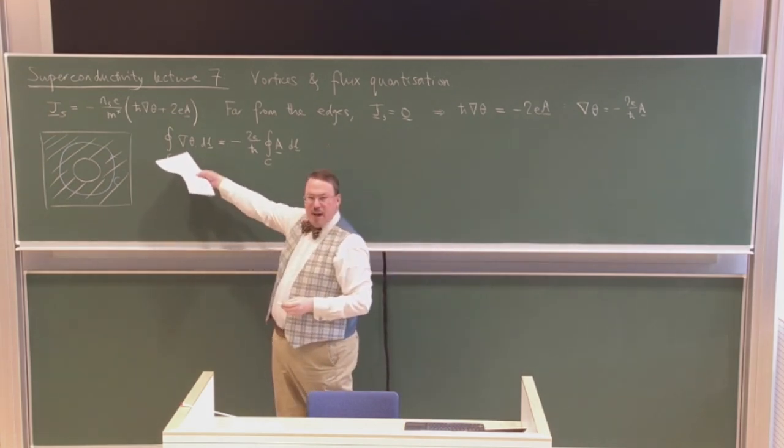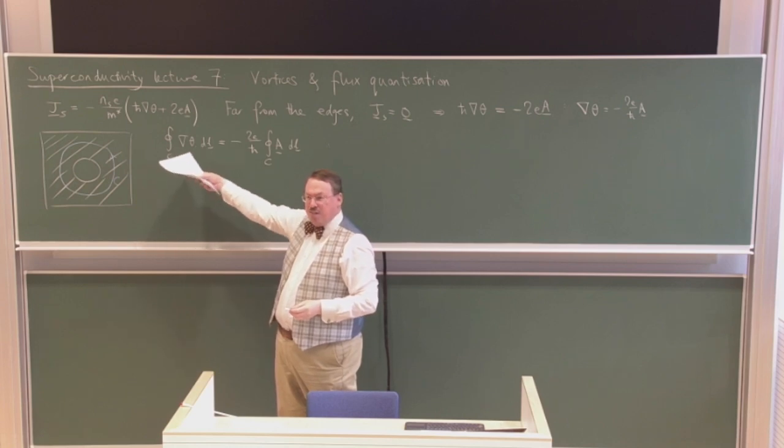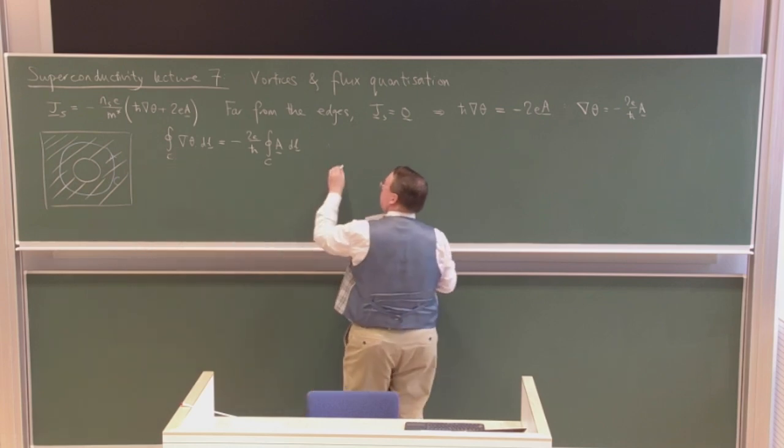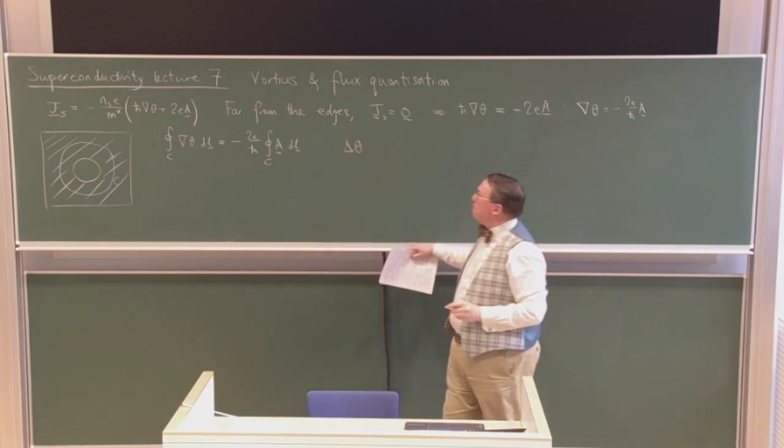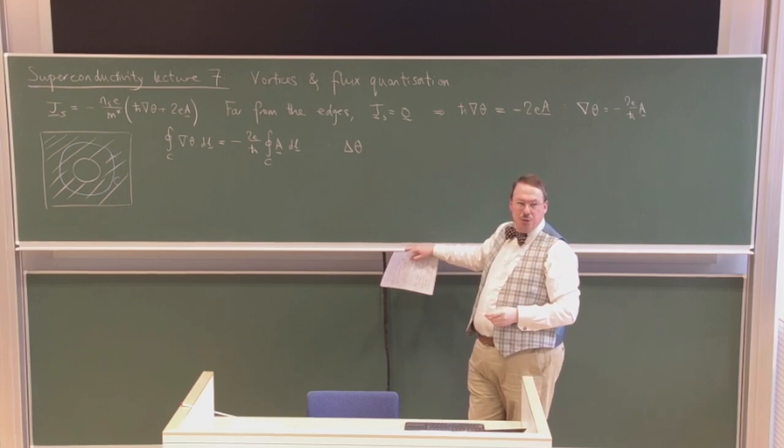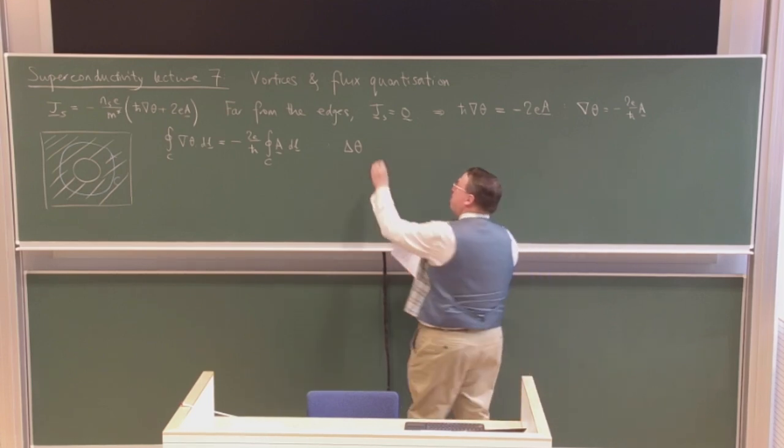The integral of a gradient is an exact derivative, so this just gives me the change in the phase of the order parameter as I go round the contour, which I'll call delta theta.